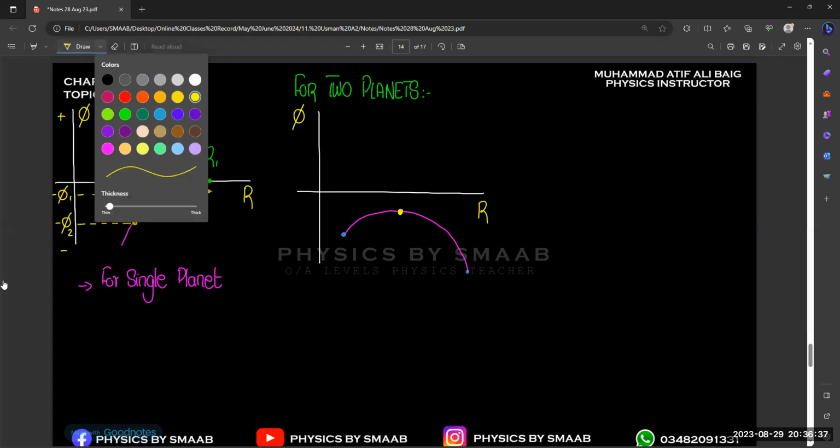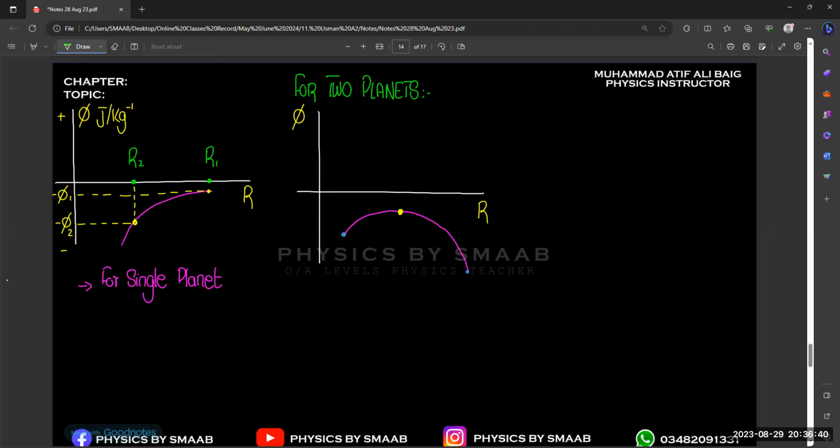So when you are moving away from planet number 1, this is surface 1 and this is for surface 2. And let's consider the central point, which is the body moving away from surface 1 and moving close to surface 2, right?